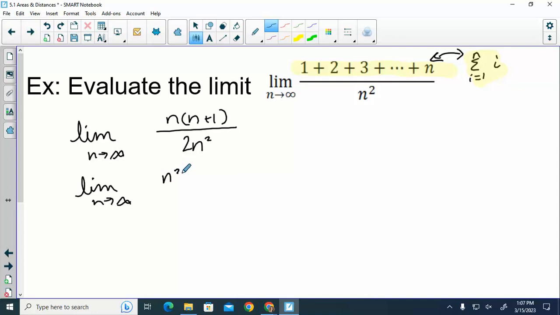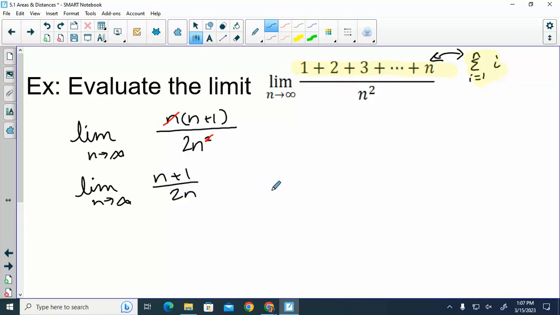So we get n squared plus n over 2n squared, or you could even reduce an n, couldn't you? Would that have been easier than distributing, maybe? I guess it's kind of toss-up either way. Let's do that. Can I cancel an n instead? Take out one of those. So then I have n plus 1 over 2n.